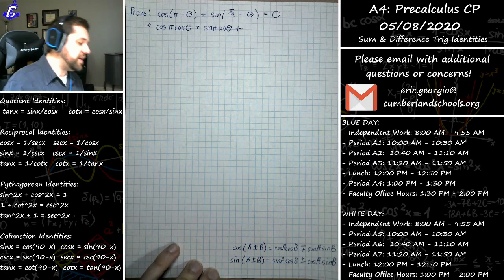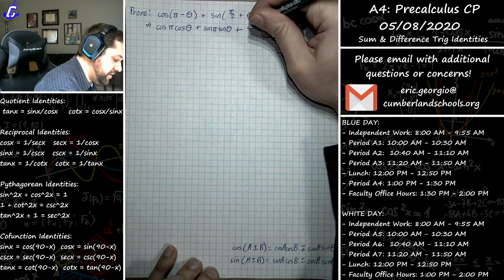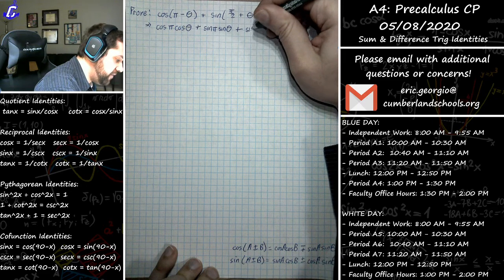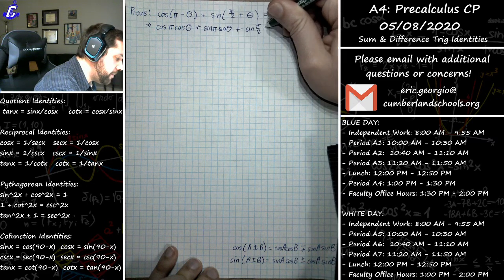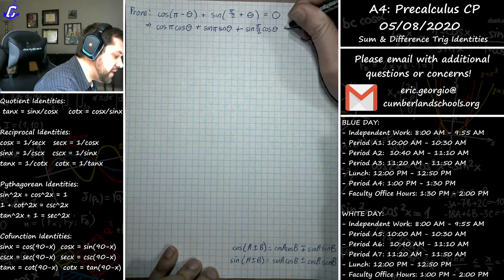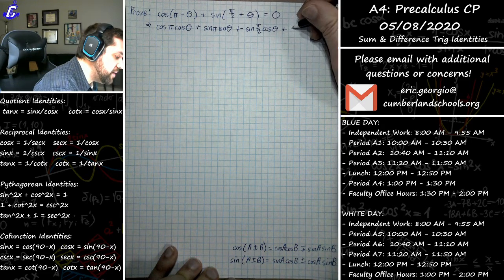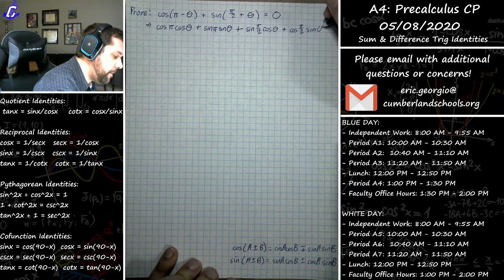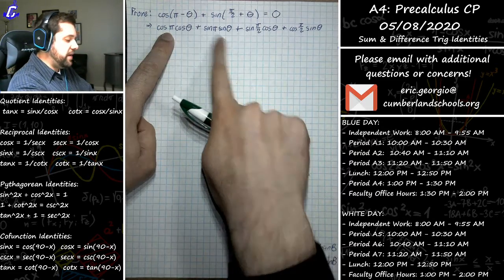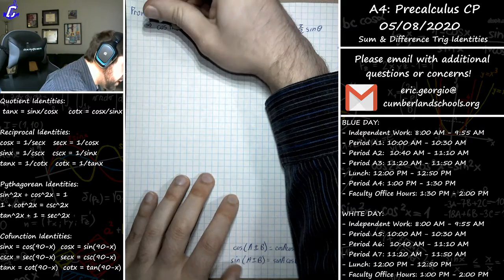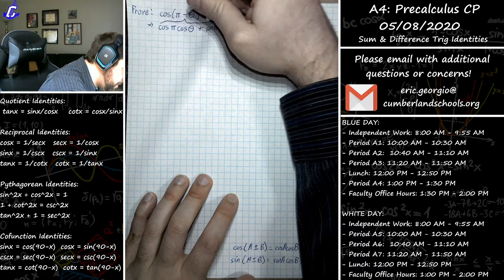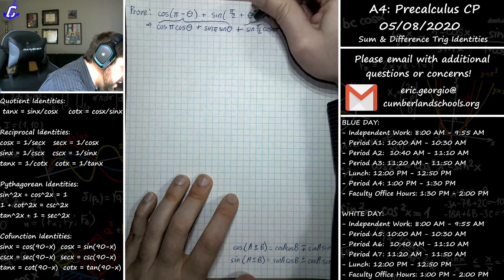Plus, second expansion, we have sine. That's going to be the sine of pi over 2, cosine of theta. The sine and sine stays the same: cosine of pi over 2, sine of theta. Right? That's just breaking down our first formula, and breaking down our second formula.